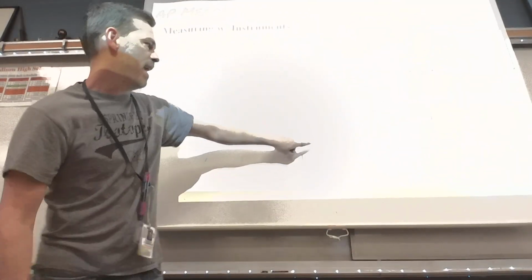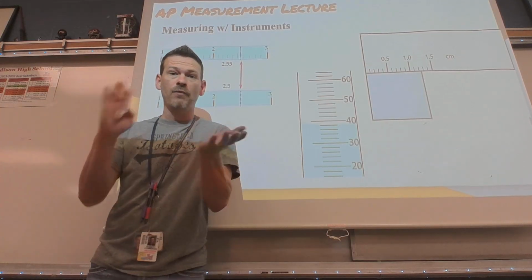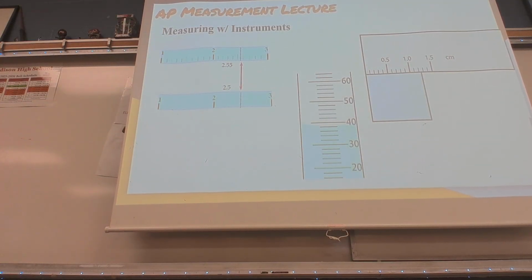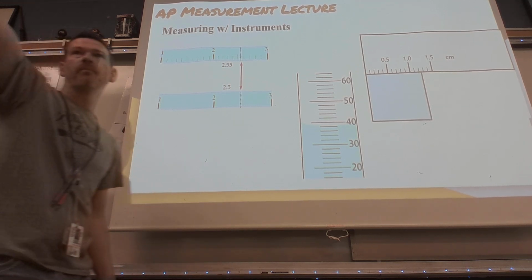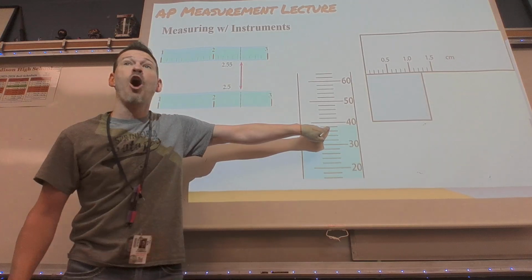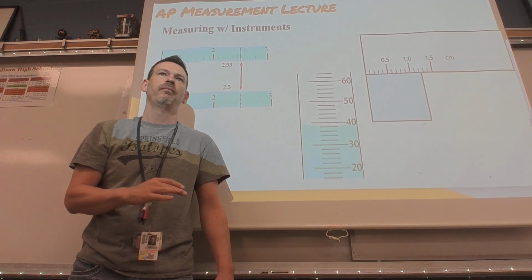Well, this graduated cylinder is counting to the ones place. I mean, look, that's 30, 32, 34, 36, 38, 40. It's counting all of the ones places, which means these two digits are for sure. You must estimate one more digit, though. And it's hitting 38 on the nose, right? It's swooping right on the hash. 38.0.